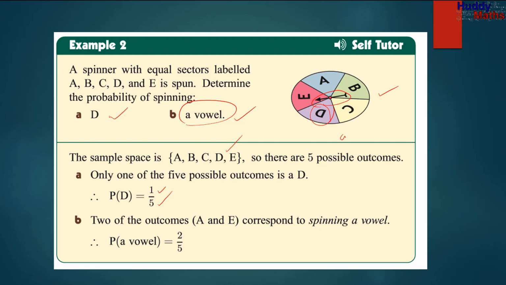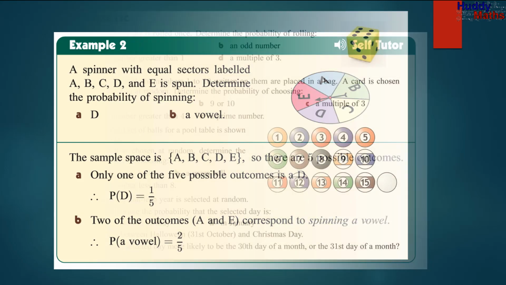A vowel is A, E, I, O, or U from your English study. How many of those have we got there? We've got the A and we've got the E. So there are actually 2 outcomes out of 5. 2 chances of spinning a vowel. Okay, getting the hang of it? I hope you're on top of this now. I think you would be.